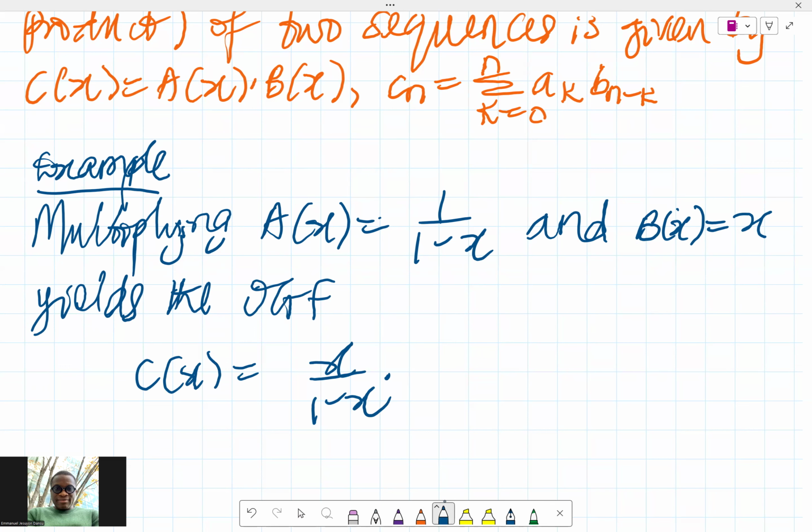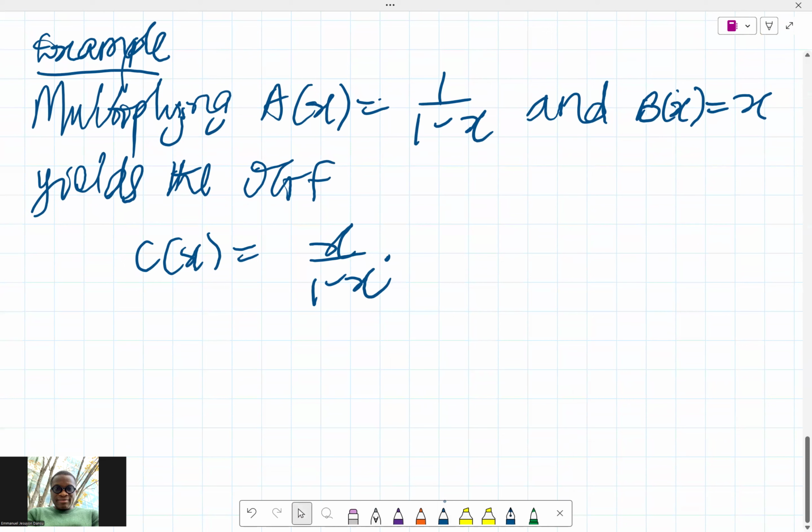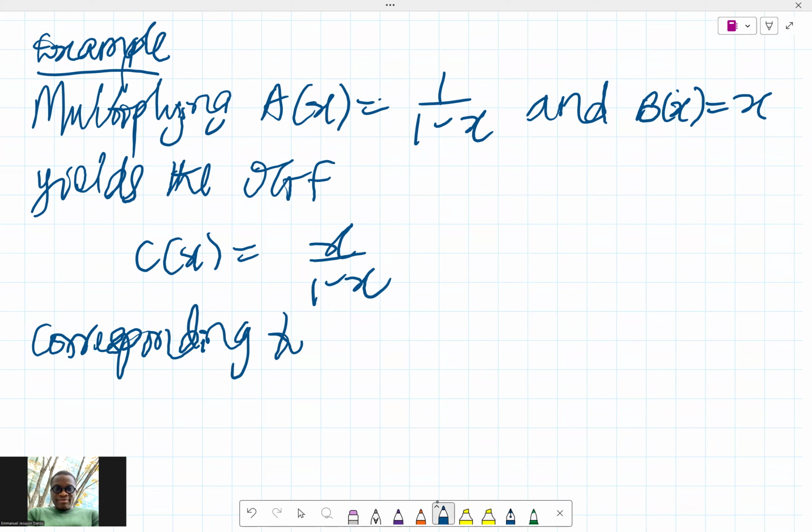Just that simple. And this corresponds to the sequence 0, 1, 1, 1, and so on and so forth.